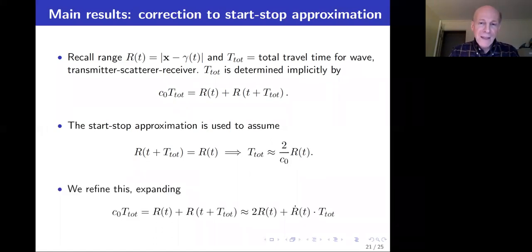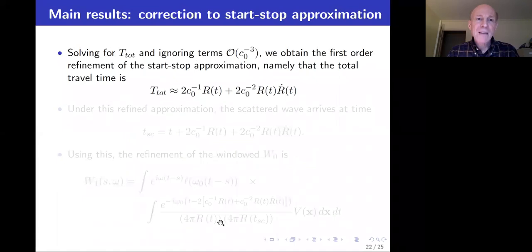So we refine this by expanding the right-hand side about t, and this approximation to this formula becomes this, and solving for t tot and ignoring the terms that are big O of c0 to the -3, we obtain this improvement on the approximation to t tot.